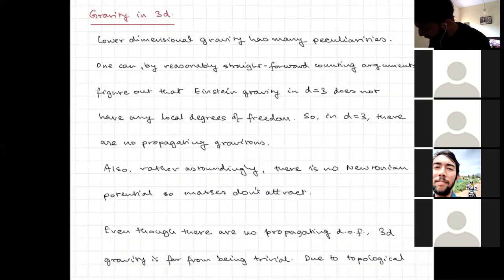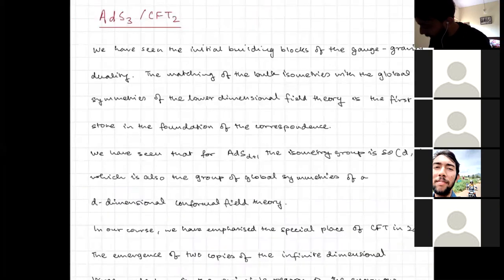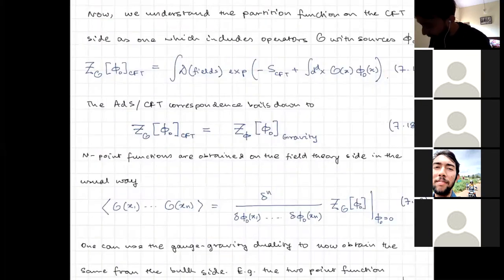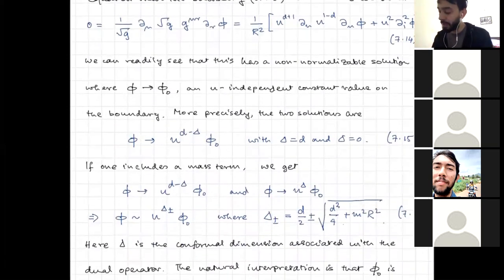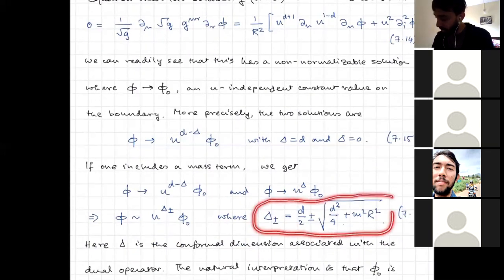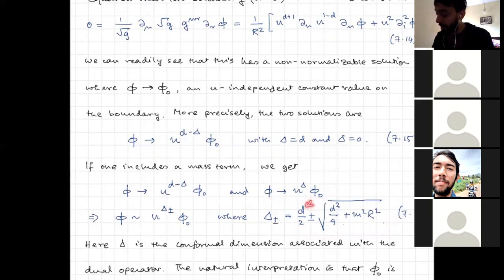Remember that we had done a mapping between states and conformal dimensions, and we found a formula which relates the conformal dimensions with the dimensions of spacetime, the radius of AdS, plus the mass.